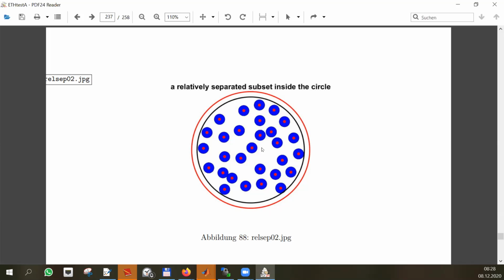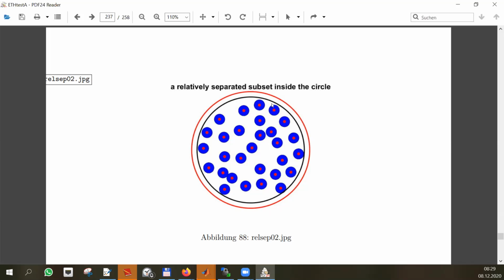But I'm not going for an algorithm, but I'm going for the simple evidence that the number of red dots that you can place inside a circle, as long as these blue circles are disjoint, it's clear that the blue marked area, which is the number of points times the area of a little blue circle, can be at most the total area of the circle here.